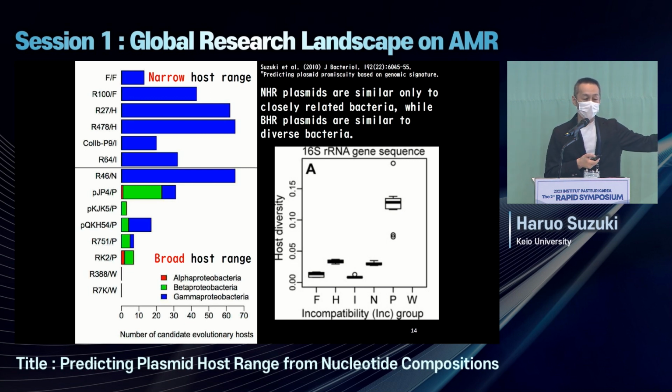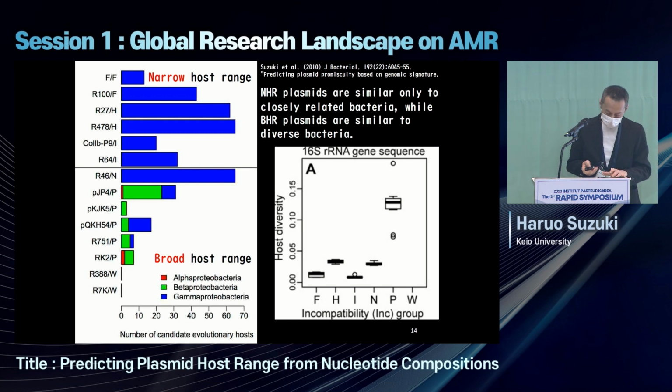Narrow host range plasmids like IncF show mostly blue, so only gamma proteobacteria are candidate hosts based on nucleotide composition. In contrast, broad host range plasmids below the line are very colorful, so their evolutionary host range belongs to different classes: alpha, beta, and gamma proteobacteria.